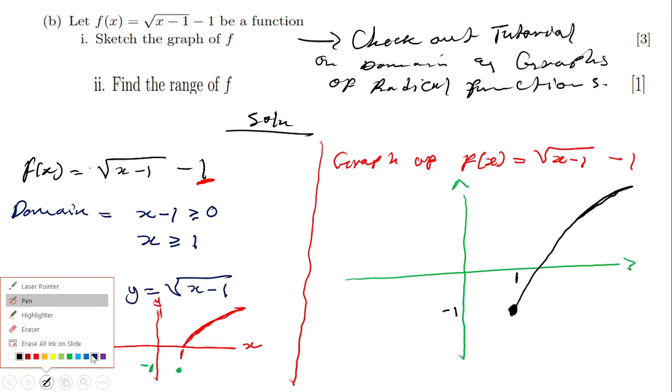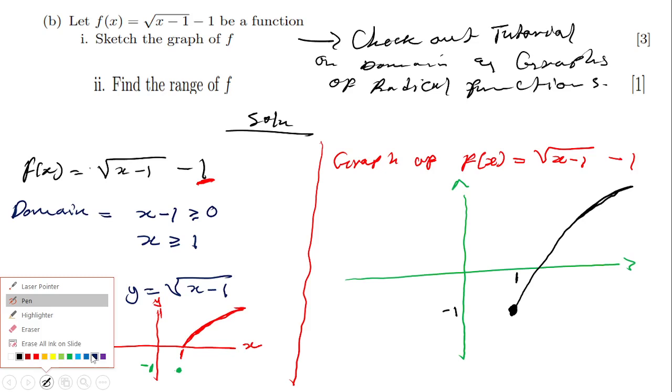So for you to look for the x-intercept, you're going to say f of x is equal to square root x minus 1 minus 1. You're going to make this 0. So 0 is equal to square root x minus 1 minus 1. This will go to the other side.